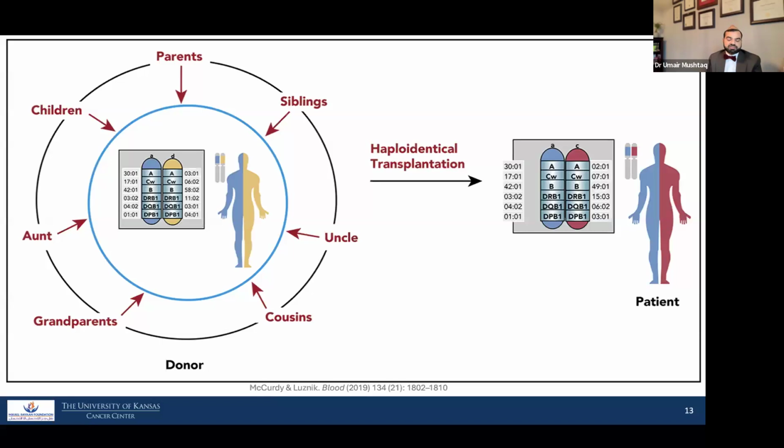If you do not have access to high resolution typing, then you can also use family trees and decide based off the haplotype inheritance. That will be one way to go around it. Since the studies did not show much evidence about the degree of mismatching and how much it impacts, we'll talk about some factors that are important. But any of the family donors who have a half match essentially can be used.